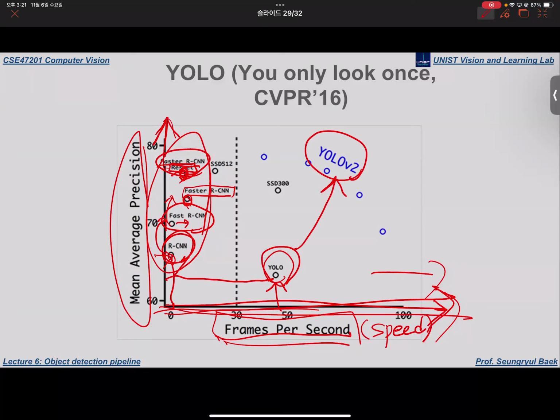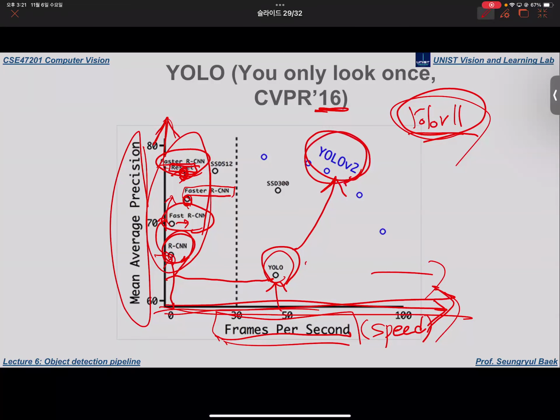There are versions of this YOLO, and now we have YOLO version 11. The algorithm first appeared in 2016, but there was a gradual improvement, and it now has both good accuracy and speed.